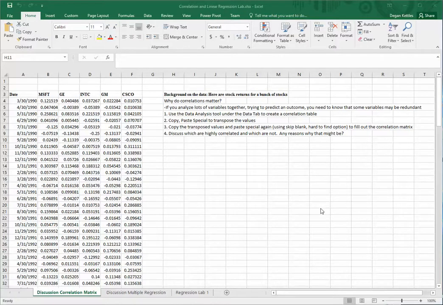So with that, why else do we care about correlations now that we understand what it is? Another reason we care about correlations as it relates to data analysis is that oftentimes you don't want two different variables that move together tightly to be used in analysis of certain types.